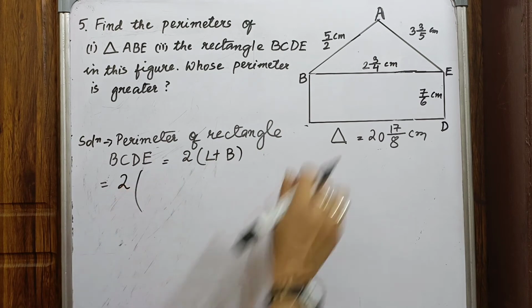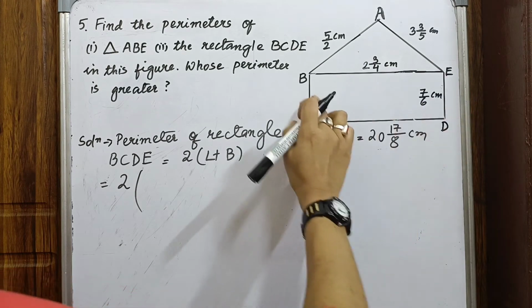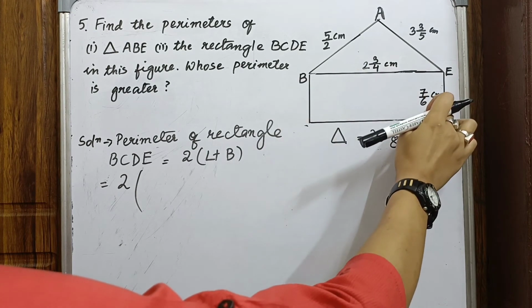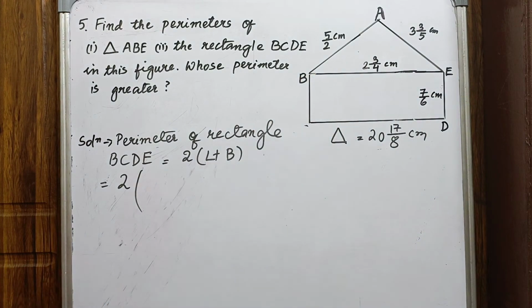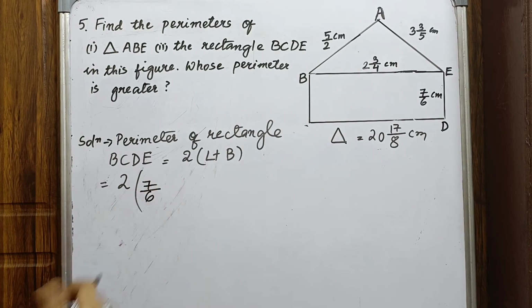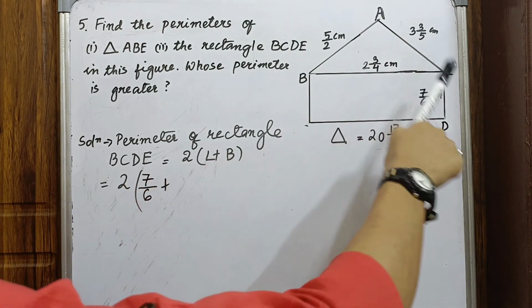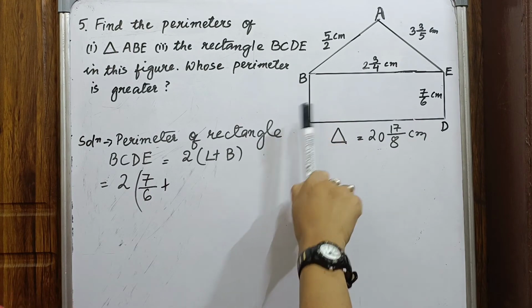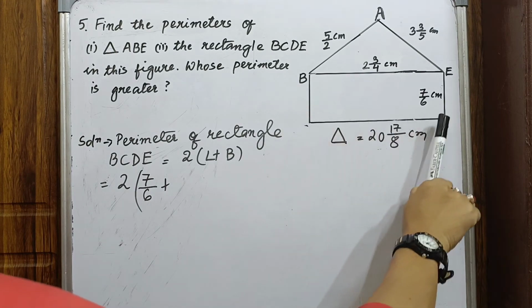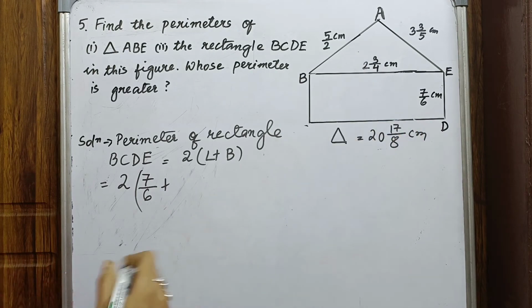So 2 into what is the length? Length is this one, which is 7 by 6 centimeter. It's not given here, but if it is 7 by 6 centimeter, this will also be 7 by 6 centimeter. Plus what is the breadth here? This is length and this is breadth. It is 2 3 by 4 centimeter.